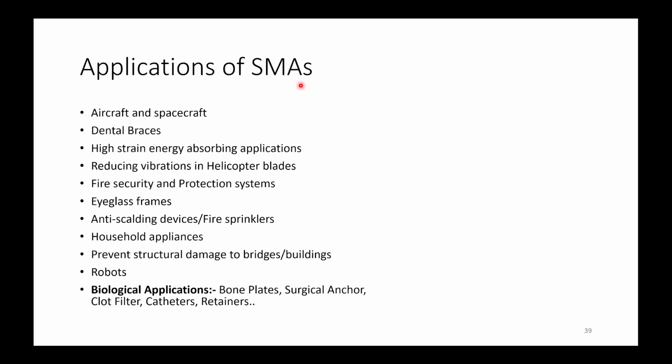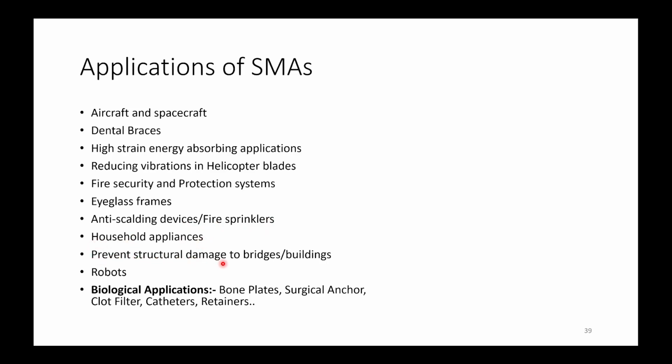Applications of shape memory alloys. So they are used in making aircraft and spacecrafts and dental braces, high strain energy absorbing applications, reducing vibrations in helicopter blades, fire security and protection systems, because they are very sensitive towards temperature, and they can be used in making eyeglass frames, in anti-scalding devices or fire sprinklers, household appliances.